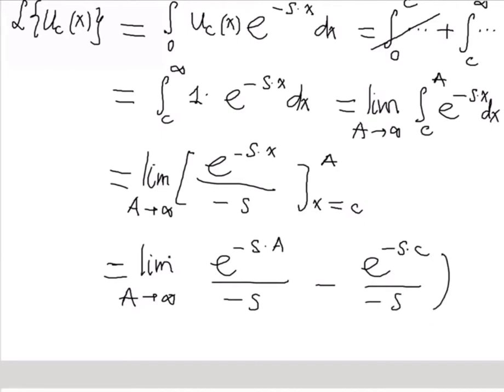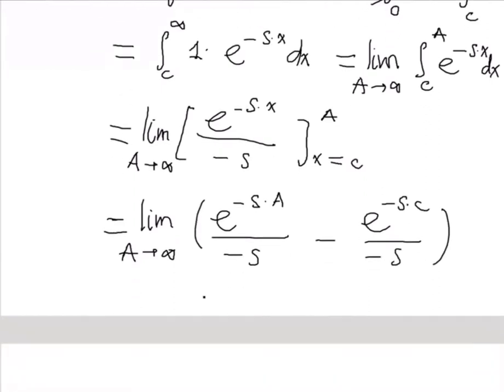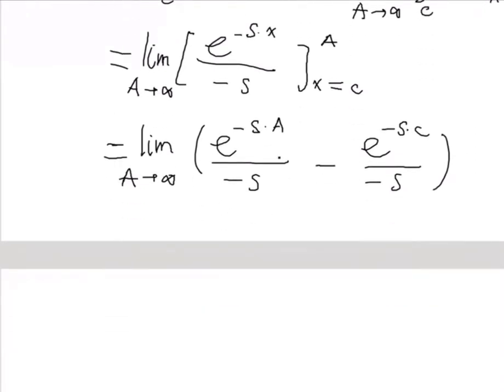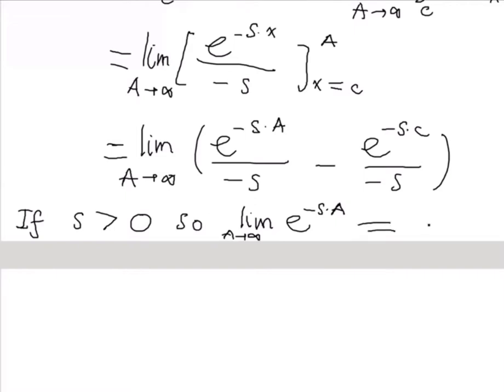And we need to take this limit when a approaches positive infinity. So as before, we will assume that s is positive, so the limit of e to the minus s times a when a goes to infinity equals 0.